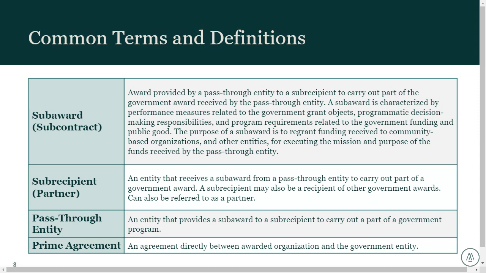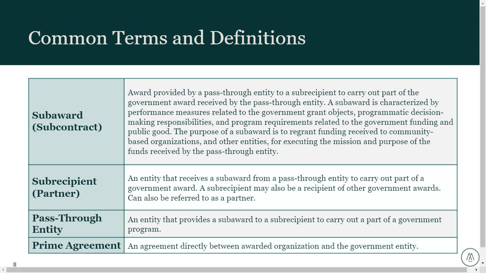A subrecipient or partner, which we hear referred to because really we want to partner with our community, right, is an entity that receives subawards from a pass-through entity to carry out part of that award. So you received funding to go do good things in the community, you're passing that out to another organization to be the boots on the ground.